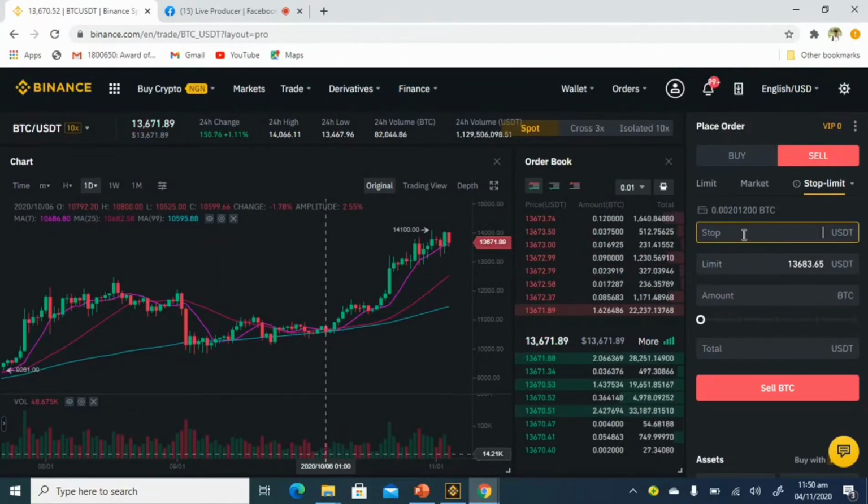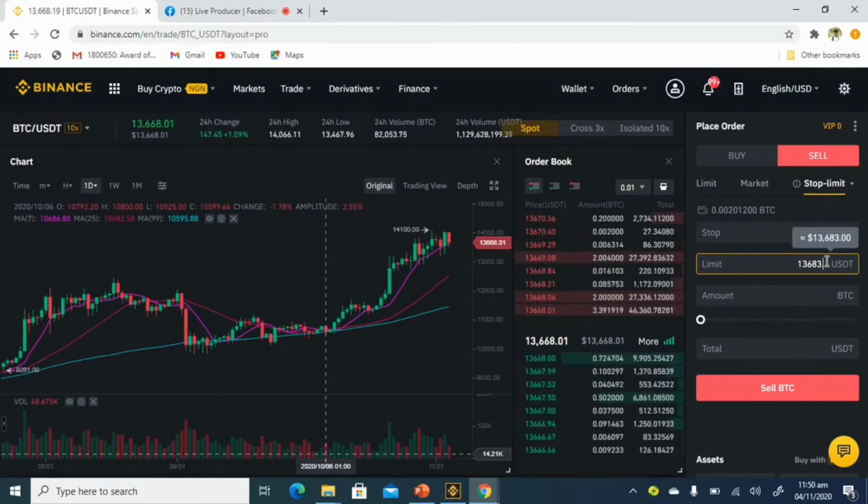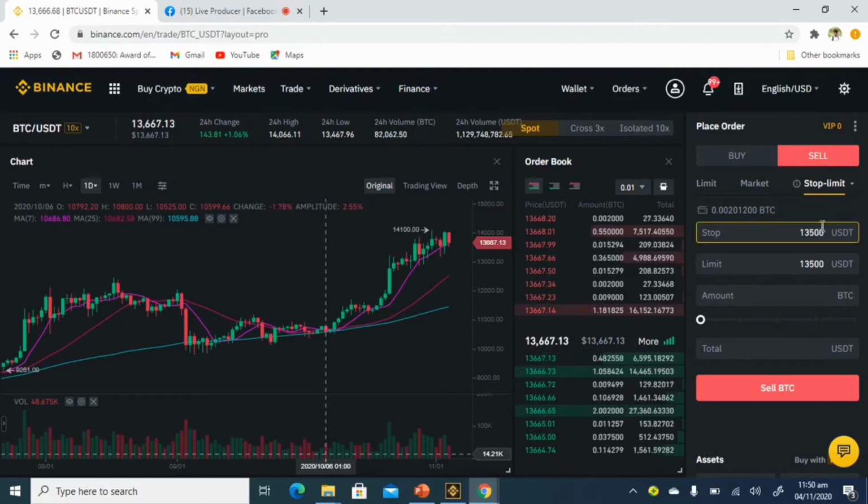Now I'll say, if Bitcoin is dropping down and reaches 13,500 USDT, I want you to sell all that I have at 13,500, so that it doesn't drop further and increase the amount of losses I already have. So this is the stop price, like I told you.